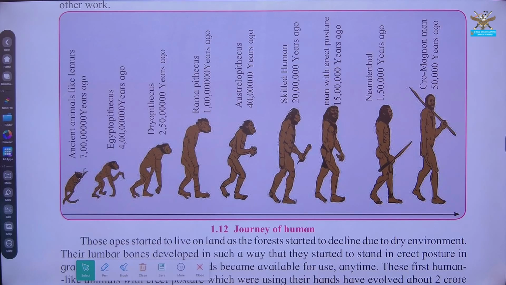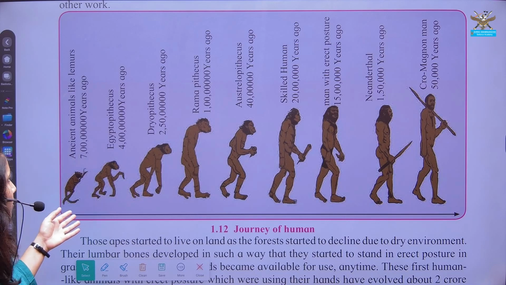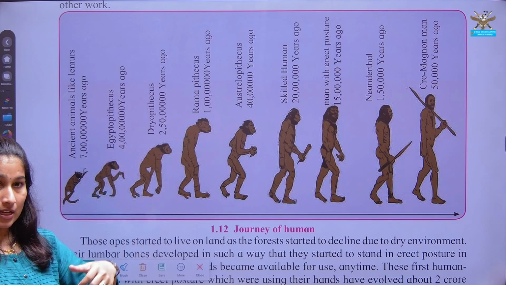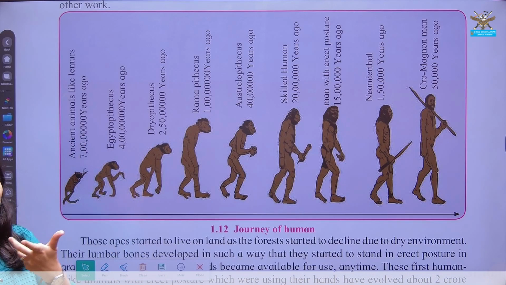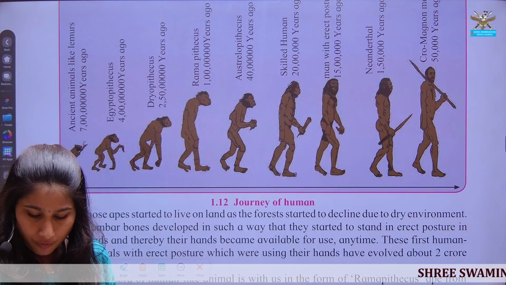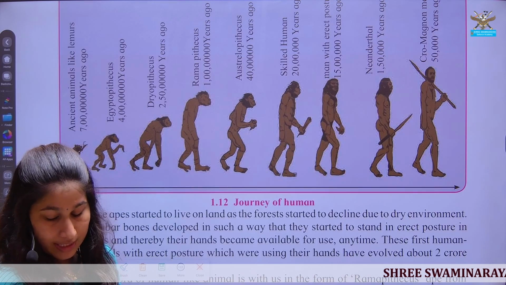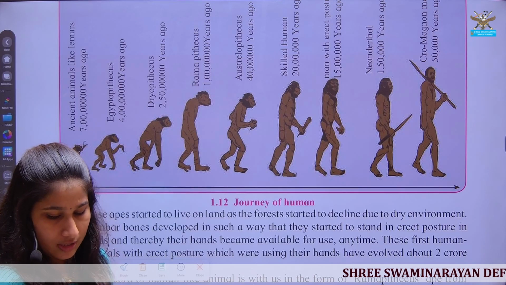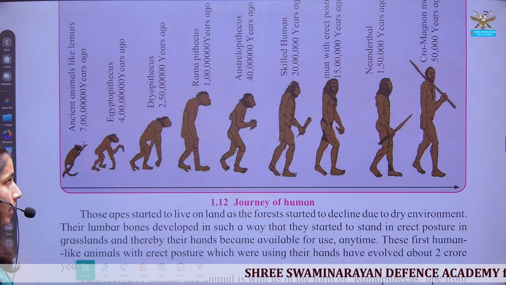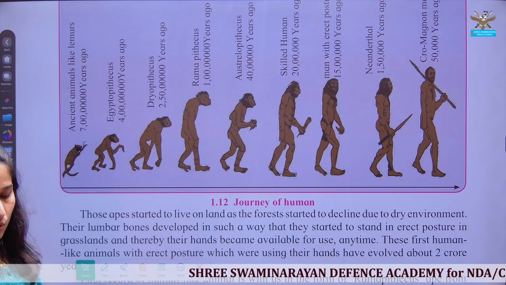The evolution happened in these organisms, and the evolution continued and continued. So now the organism Ramapithecus, the first recorded human-like animal in Eastern Africa, morphologically started to evolve more and more.